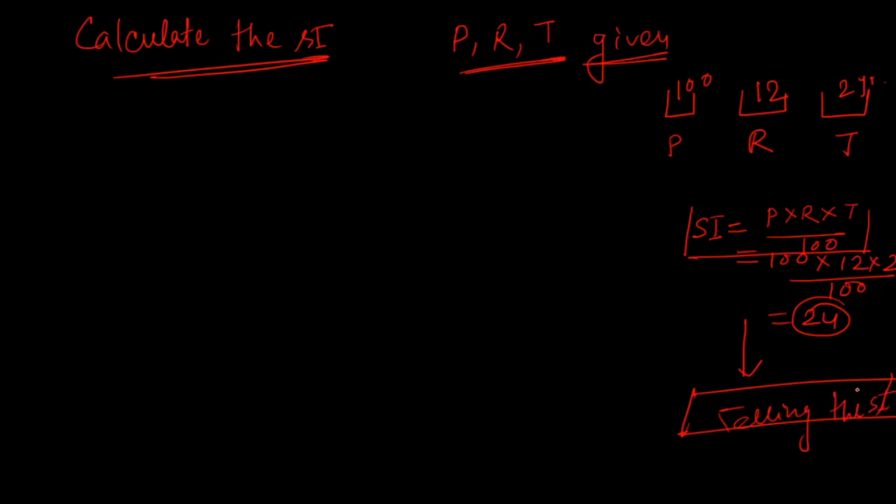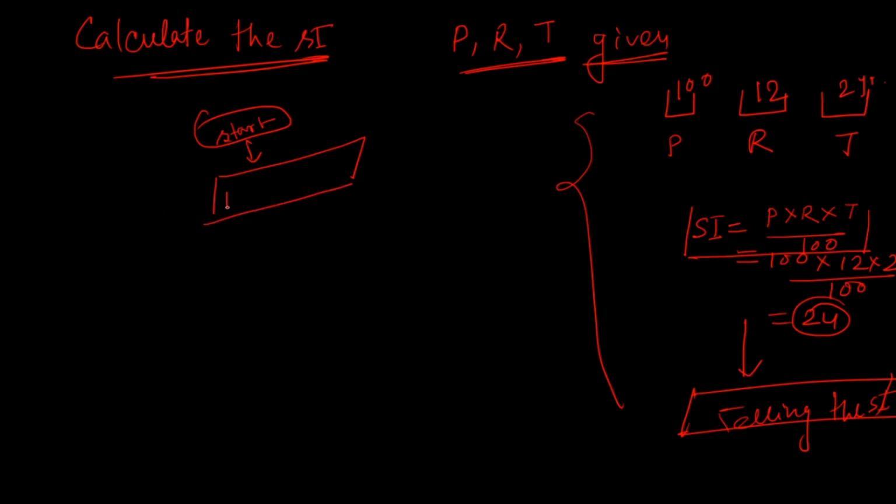Okay, so if I have to write it in a flowchart manner, first of all I will start the program, then we will be taking input from the user. So we will be reading principal, rate of interest and time from the user, and after that we have to process, right?